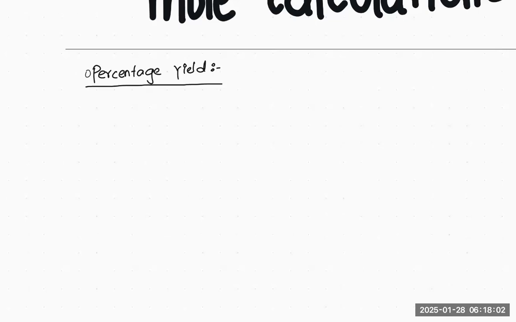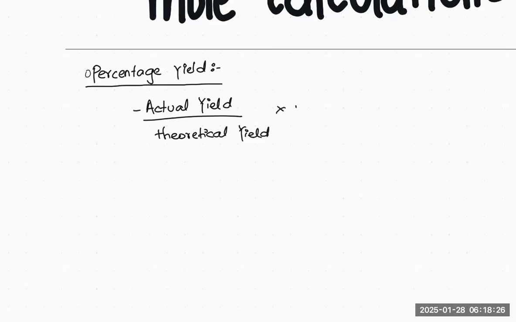Okay. So the formula of percentage yield is actual yield divided by theoretical yield multiplied by 100. Actual yield is the yield that we actually calculated in the experiment. Okay. Theoretical yield is the yield that we had calculated.